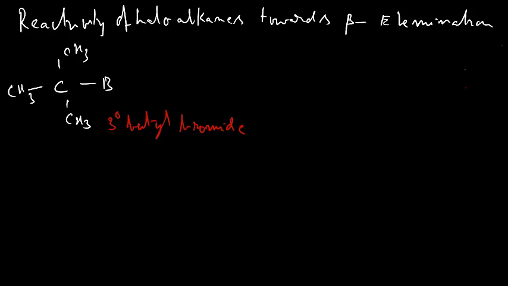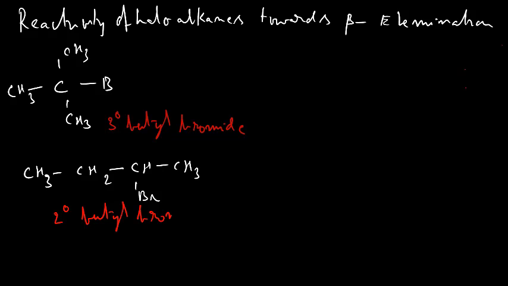Now other substance, CH3, CH2, CH, bromine, CH3. What is this substance? This substance is secondary butyl bromide. What is tertiary?